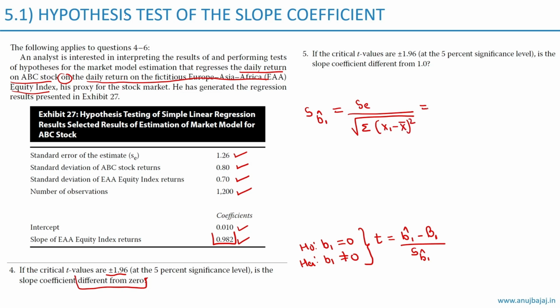So the standard error of estimate is 1.26 units divided by, we can derive the denominator using the standard deviation of the independent variable. The standard deviation of the independent variable equals root of summation xi minus x bar square divided by n minus 1, which equals 0.7.